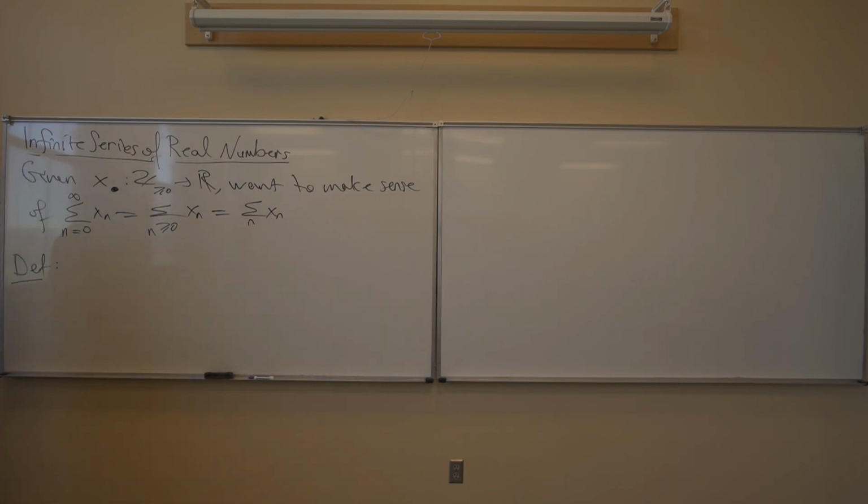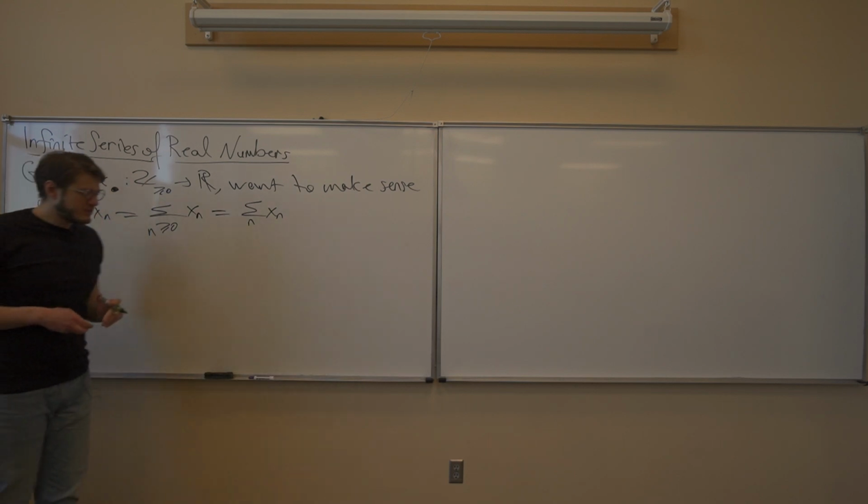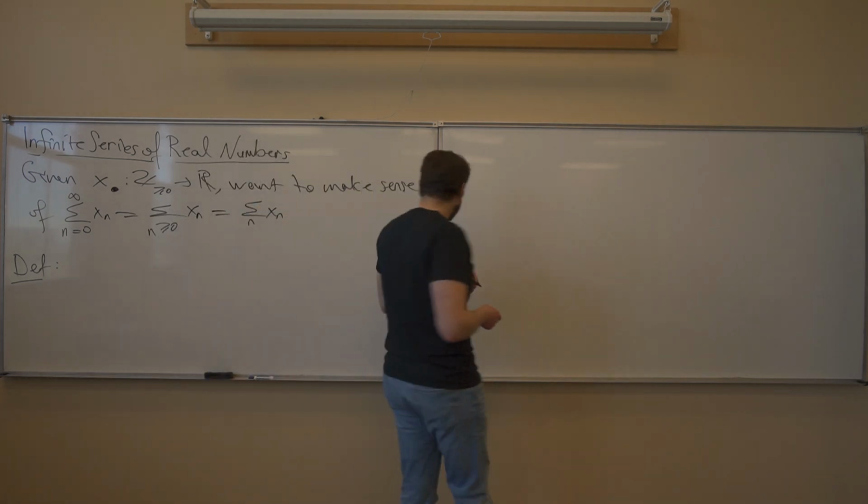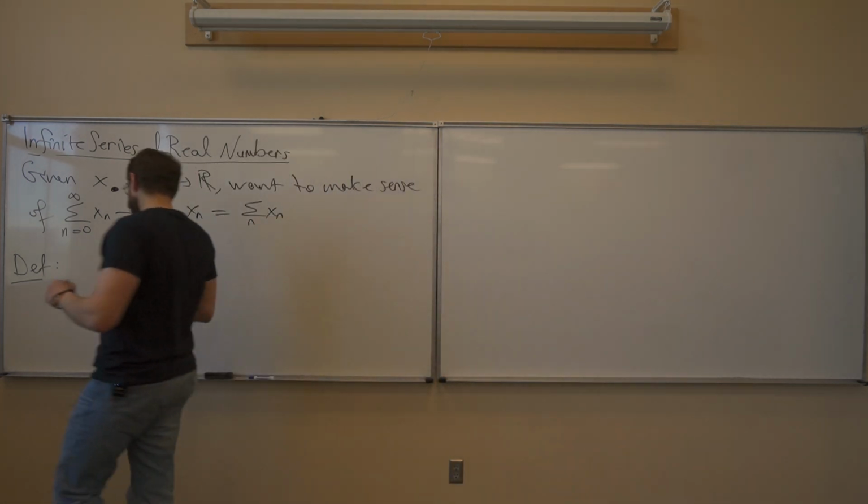But maybe before that I should mention this phrase, formal sum. It turns out that it's still perhaps beneficial to think of expressions of this form even though there is no convergence. So that's sort of the phrase called formal series.